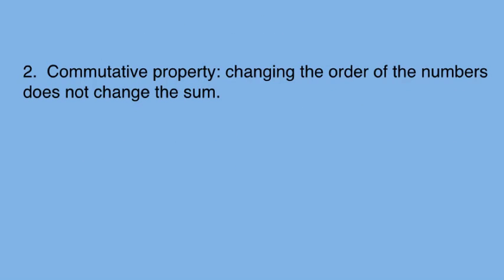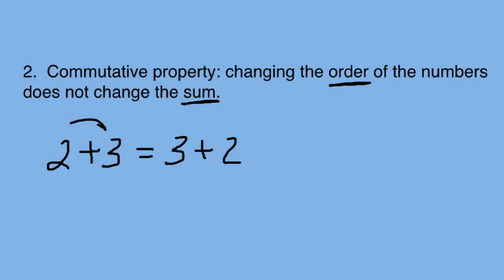The second property of addition that we're going to look at is called the commutative property, and that tells us that changing the order of the numbers does not change the sum. I'm still going to get the same answer. So the example that we have, 2 plus 3 equals 3 plus 2. Well, I switched the numbers around. I changed the order. Do I still get 5?